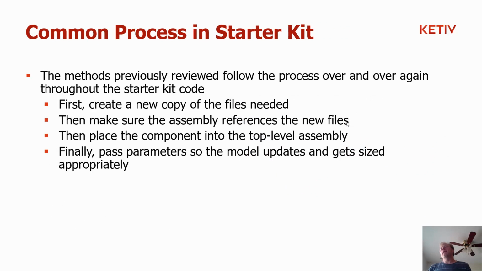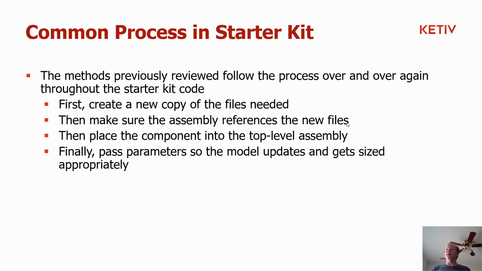Now the last three parts that I just talked about, this is a process that's used over and over and over again in this template that we're providing to you. We first create new copies of files that are needed. Then we make sure that our assemblies that have been copied are referencing the right new copies of the individual component files that we copied.